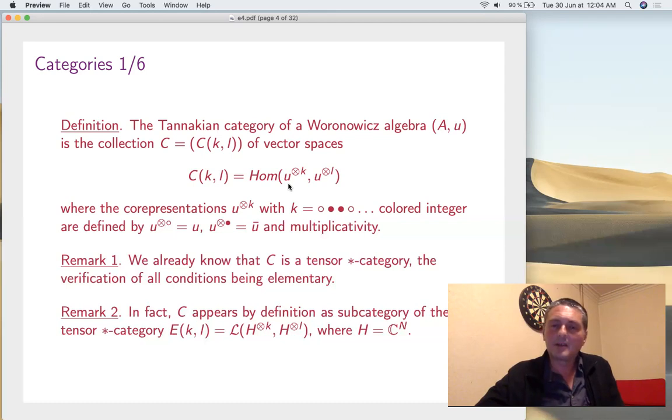And the other remark is that it's not an abstract tensor category because these Hom spaces are intertwiners. They live on some Hilbert spaces, to be more precise on powers of C^n. So if you want, C is a subcategory of the tensor category formed by linear maps between tensor powers of C^n.